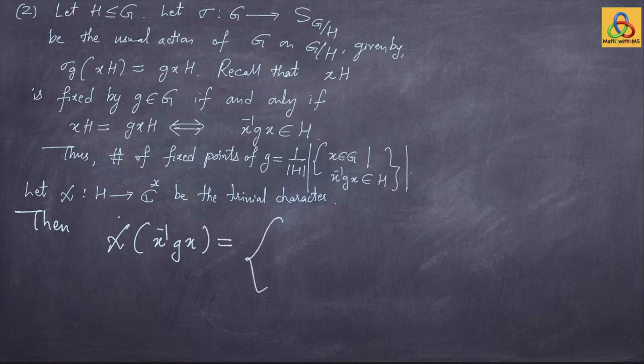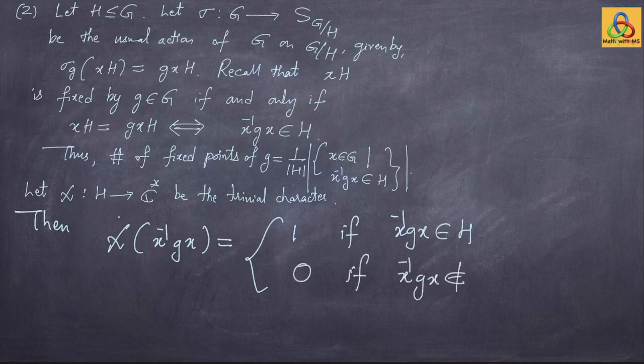By definition, it is chi of x inverse gx if x inverse gx is in the subgroup H and 0 otherwise, and chi is the trivial character, so it is 1 if x inverse gx is in the subgroup H and 0 otherwise if x inverse gx is not in the subgroup H.